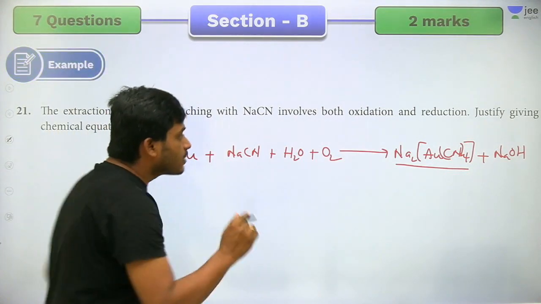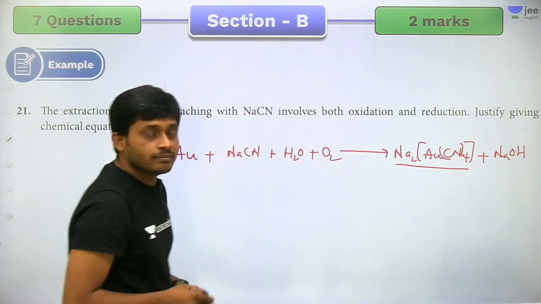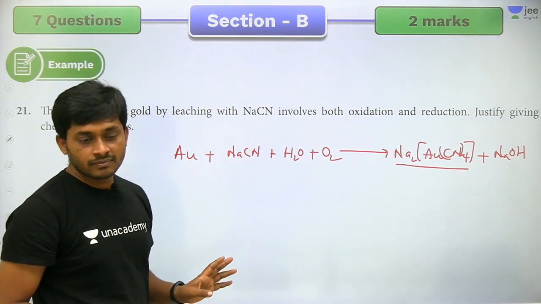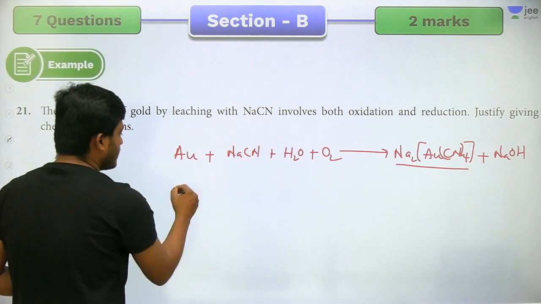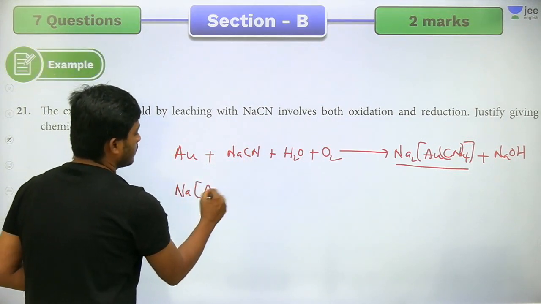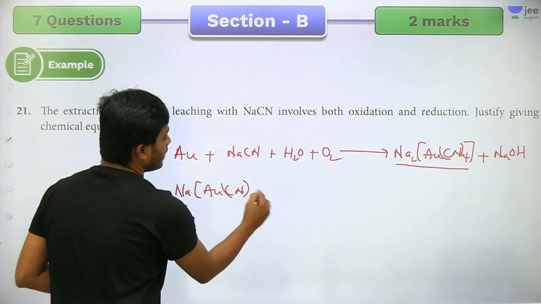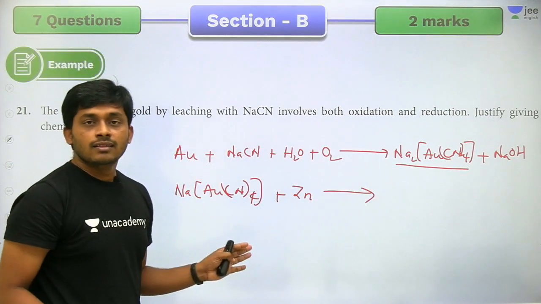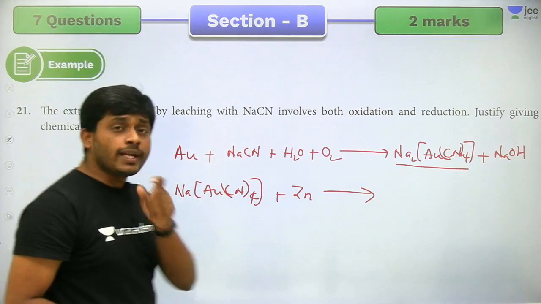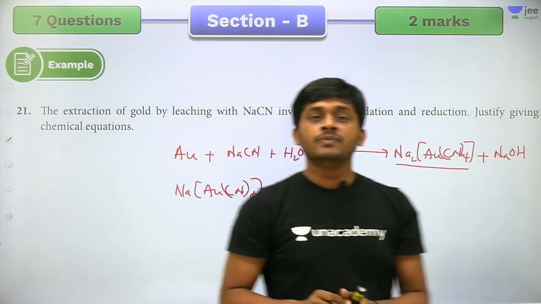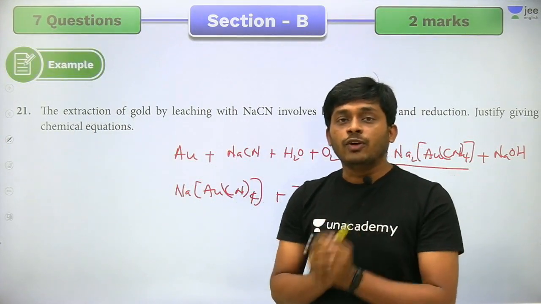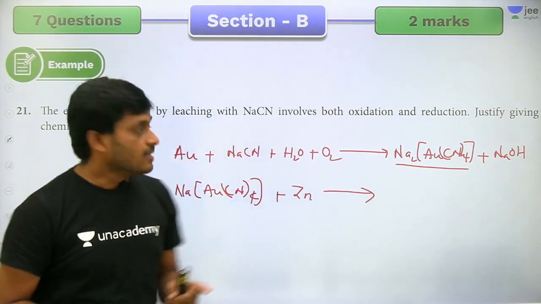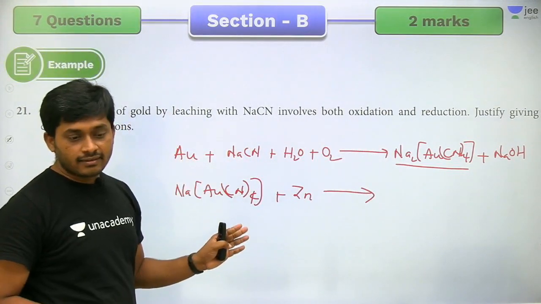Okay, understood, right? So the next step, this is oxidation, because oxygen is oxidizing gold. Next step is we use more reactive element. So for each reaction, there are 2 reactions, oxidation, reduction. So when you get full marks here, first write oxidation reaction 1 mark, write second reaction.